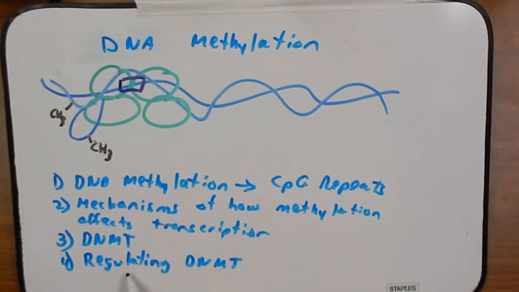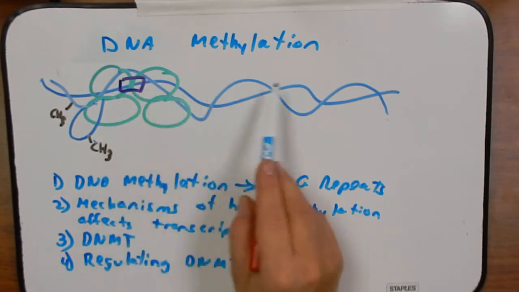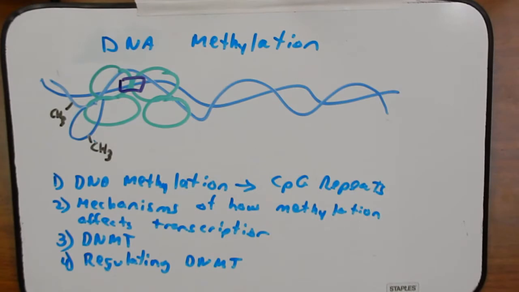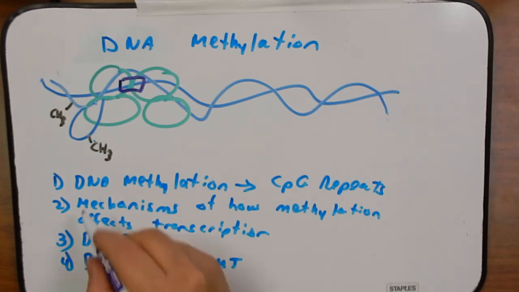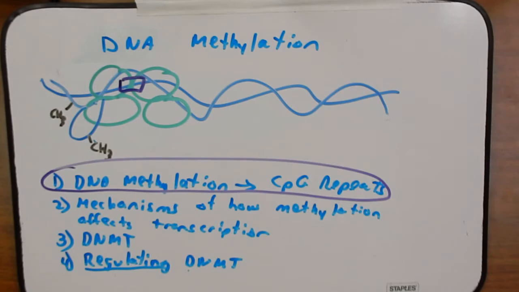As we discuss this topic later on, we'll see this is very important because we don't want to turn on all the genes or turn off all the genes. It's going to be important that we regulate when and where DNA methyltransferases operate. But we're going to begin talking about the basics of DNA methylation. So let's go ahead and get started.